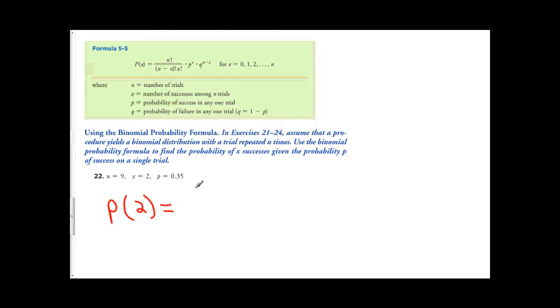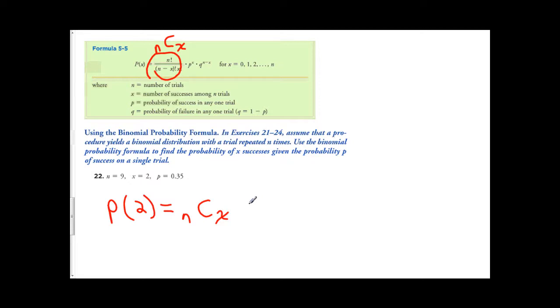And this says it's equal to n factorial. Well, this thing here is actually the combination. This looks like nCx. So if you can find the combination, you can do that. I'm going to write it as nCx. Most of your calculators will do that. And then we'll have p to the x.